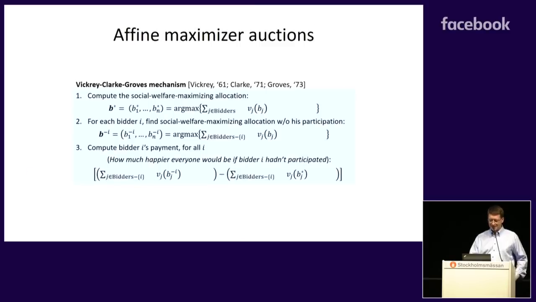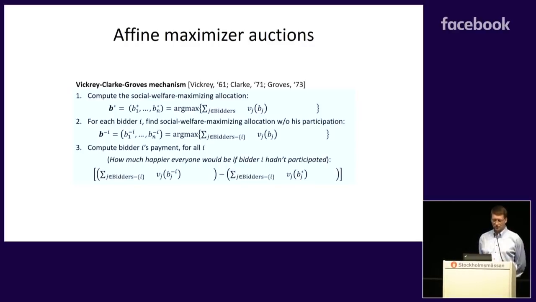All right. So now I'm going to tell you what the general pattern of tweaking is, but first I'm going to give you the general VCG mechanism as it was originally introduced. So first we compute the social welfare maximizing allocation, which is the argmax over allocations of the sum of the bidders' values.